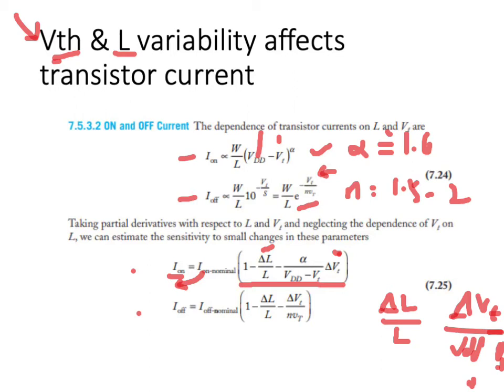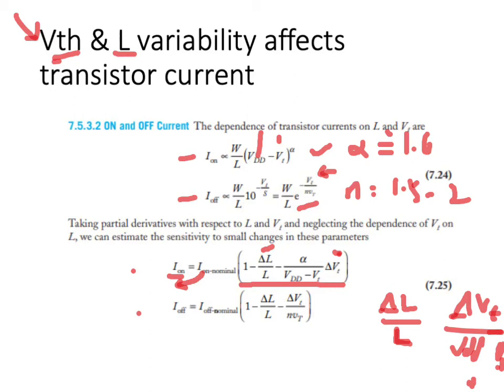But what makes this effect more serious is that we have actually moved L from maybe 1 micron, that is like 1,000 times more than a nanometer, to something like 10 nanometers. So in the older process technologies, with larger L, like on the order of a micron, the delta L is a very small fraction, like 0.1% of the actual length. So you don't see much change in the on and off current due to the geometry variability.